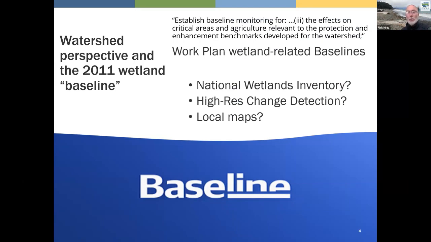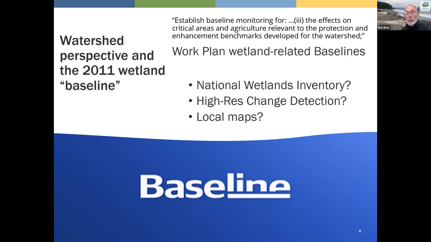So think about what was done. What does your work plan say as your baseline for identifying wetlands? Most work plans use the National Wetlands Inventory to identify wetlands, or a combination of NWI, perhaps some hydric soil mappings, maybe local critical areas maps. Many counties have more sophisticated critical area maps than even NWI.